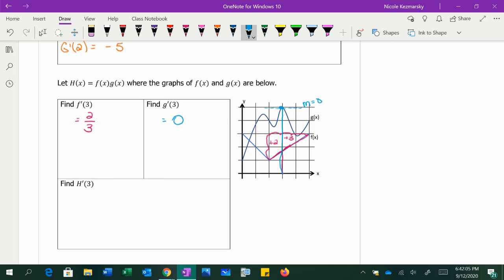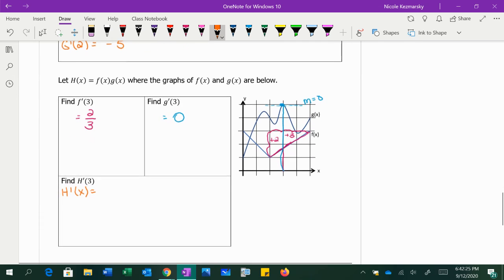So then h prime of 3, well, let's find h prime of x first. So I'm going to say h prime of x equals, and this is the same derivative rule that we've been using. We've got f and g, so we can look to an example up above if we wanted to.